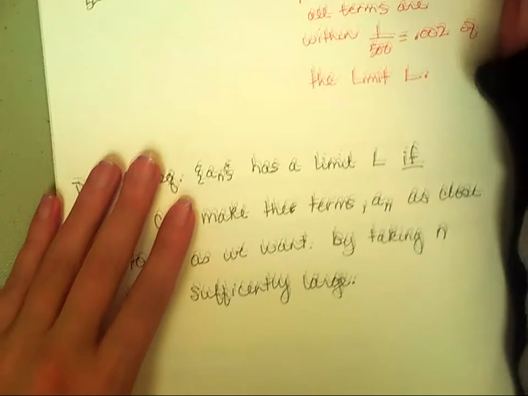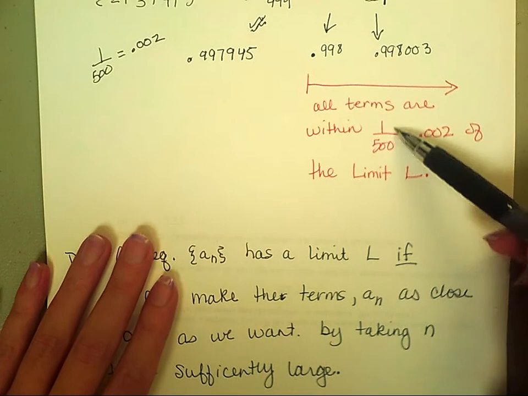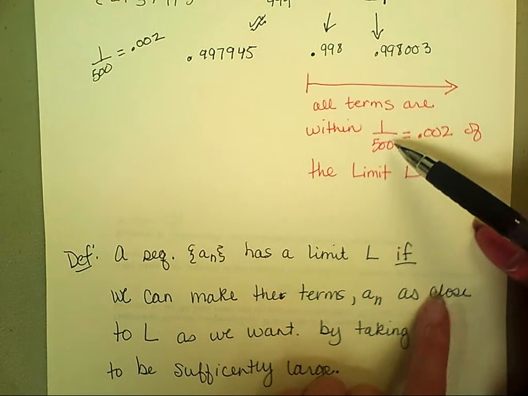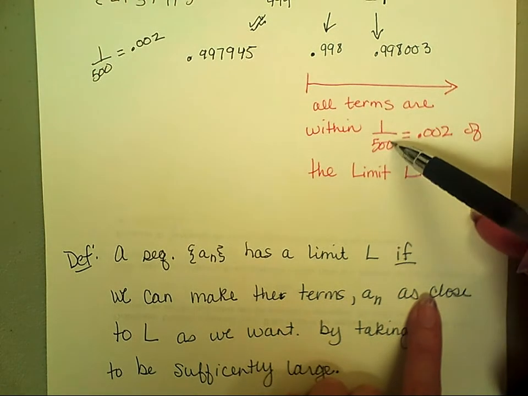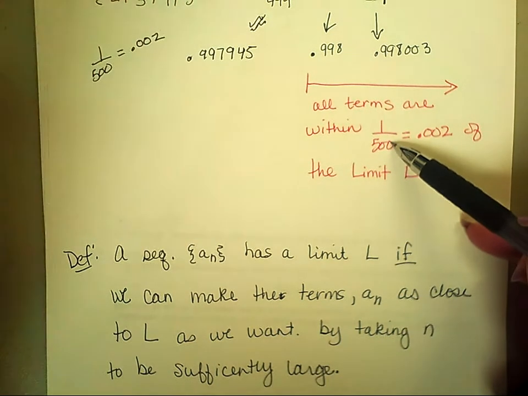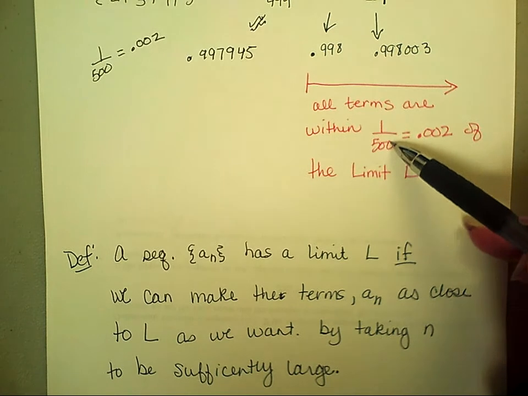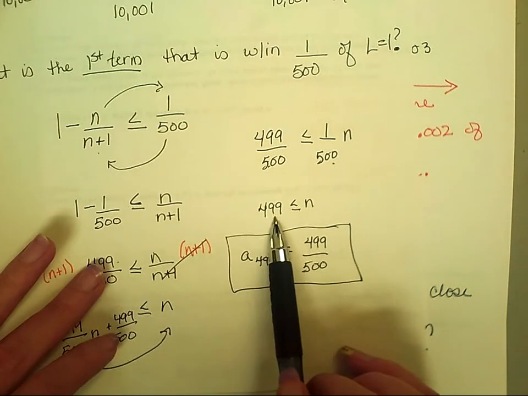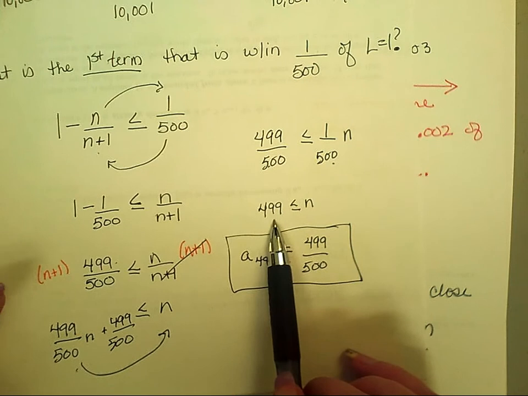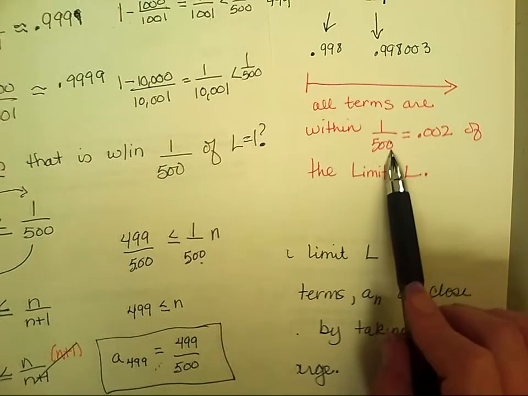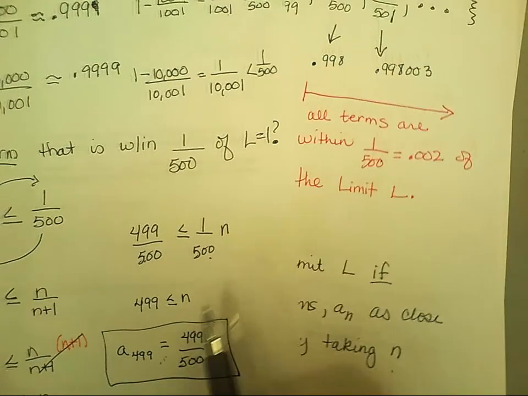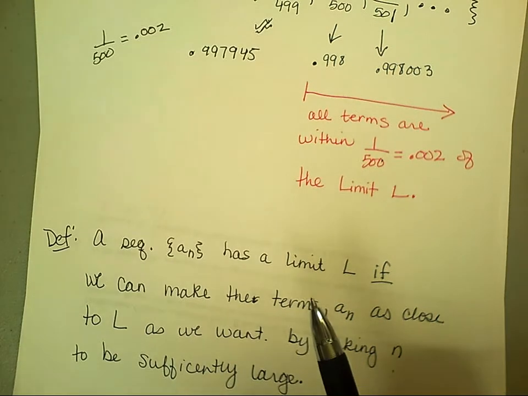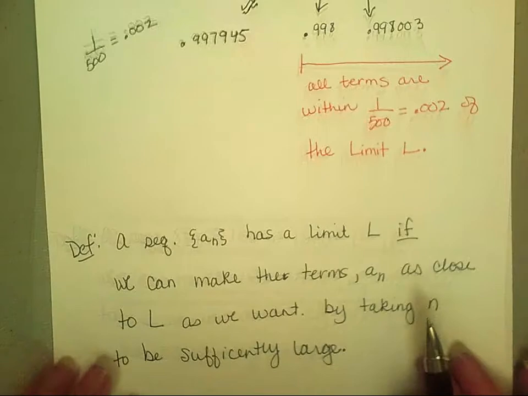So in this case, as close as I wanted to be was within 1 over 500. So what I had to do is take n sufficiently large, and a sufficiently large n that would do that was 499. Okay. So if I'd wanted to get even closer, say 1 over 1,000, we would have to go out even further and find what n that would be.